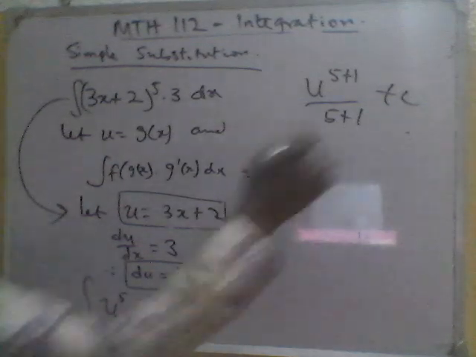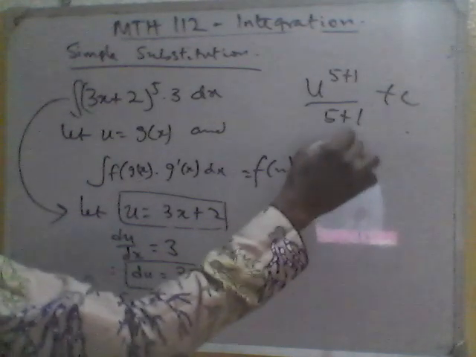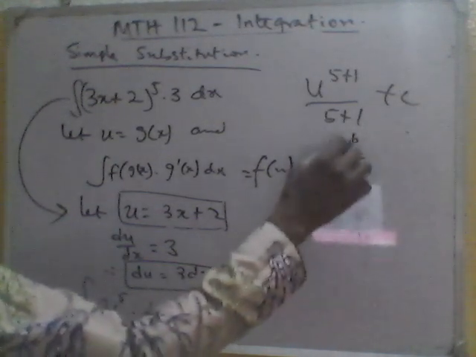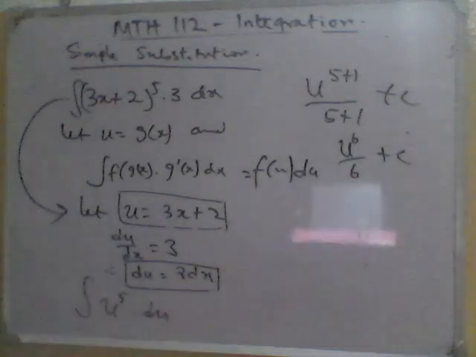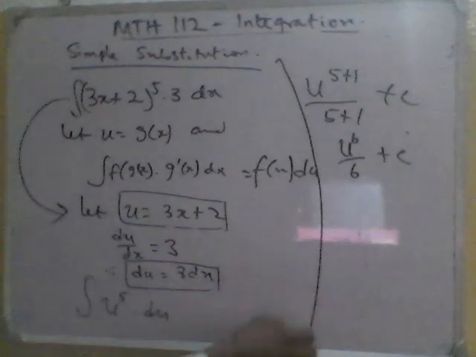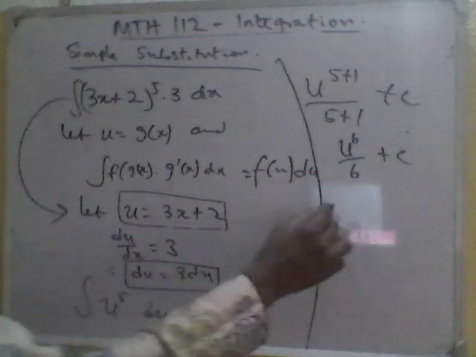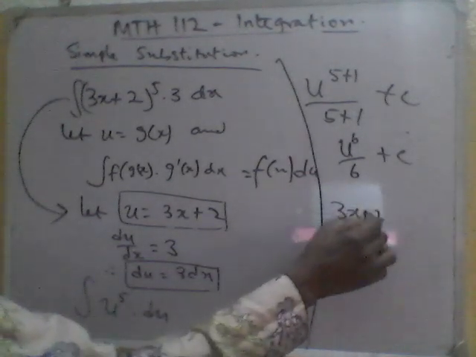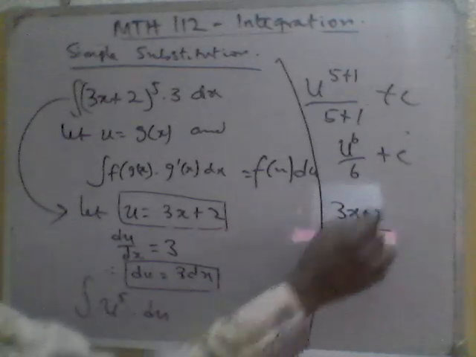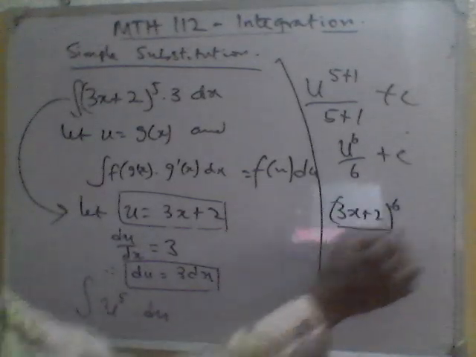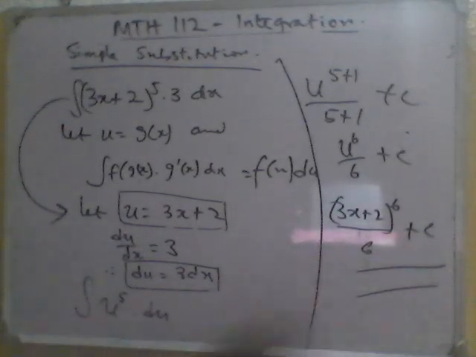So u raised to the power 6 over 6 plus c. Now, our question is not in terms of u. It's in terms of x, so I'll come back and put what u is there. So I'll have 3x plus 2 raised to the power 6 over 6 plus c. So this is the integral of that particular question.